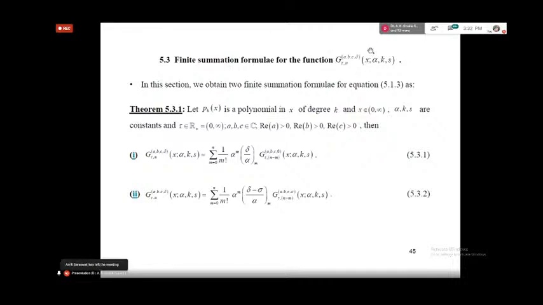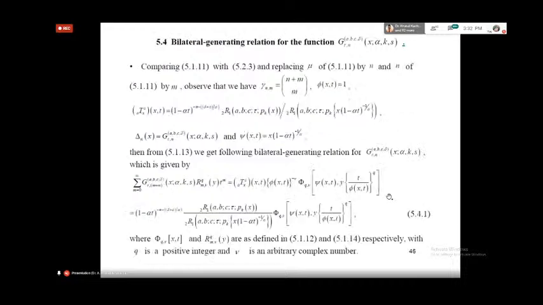So here again we can operate the finite summation formula. That is given into this form, 5.3.1 and 5.3.2, and the bilateral generating relation.